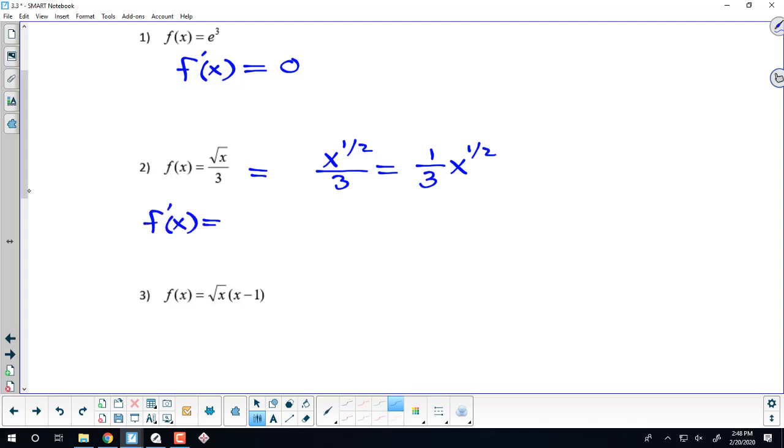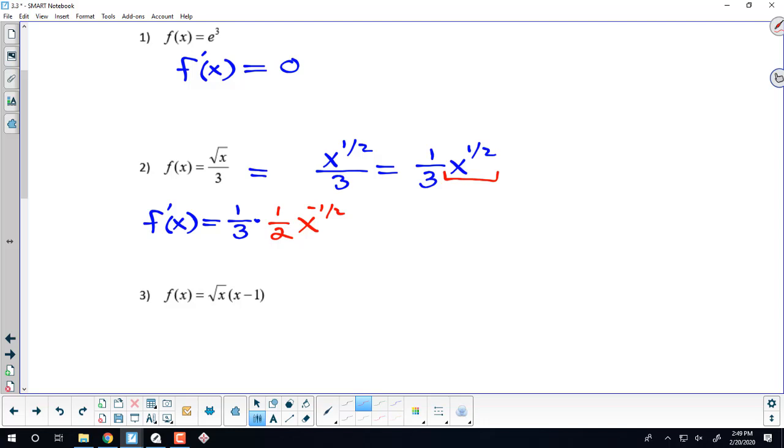So f prime then, the 1/3 is not affected by the derivative, so it's still hanging out, 1/3 times, what's the derivative of x to the 1/2? 1/2, the power comes out, multiplies x, subtract 1 from the original power, 1/2 x to the negative 1/2.